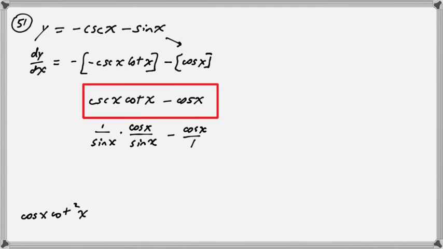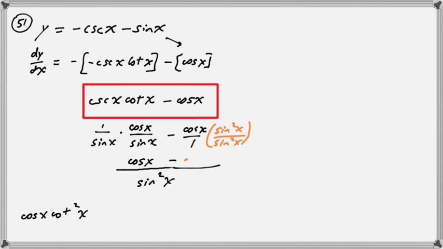It looks to me like you have a sine squared as your common denominator. Sine times sine making sine squared. Top times top would just give me cosine of x, right? And cosine is not over sine squared, so to make it over sine squared, you might multiply by sine squared over sine squared.